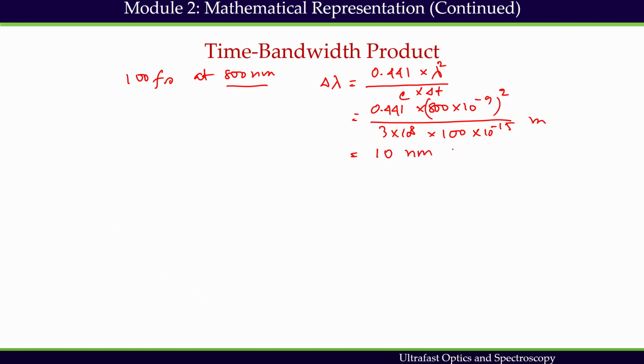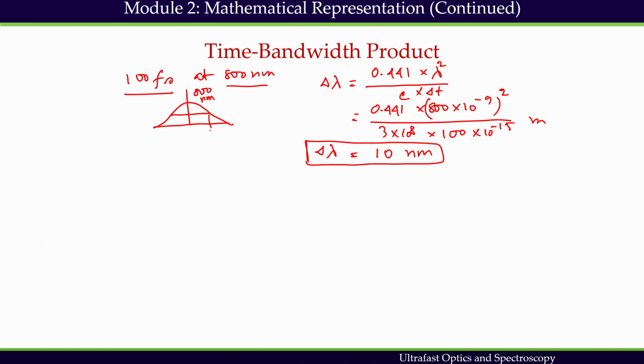Please check with the calculator whether these numbers are correct. So delta lambda, the bandwidth in wavelength for a 100 femtosecond pulse at 800 nanometer, is going to be 10 nanometer. So what does it mean? It means that I have a center wavelength of 800 nanometer, but its width is plus minus 5 nanometer.